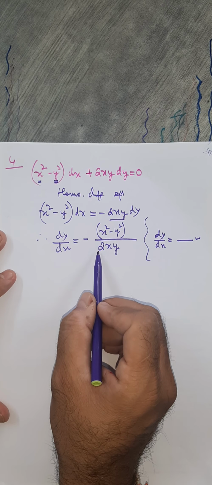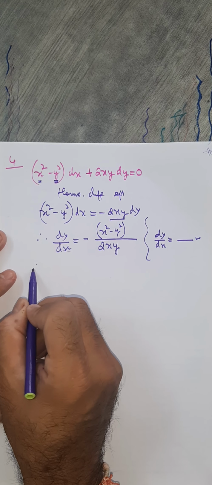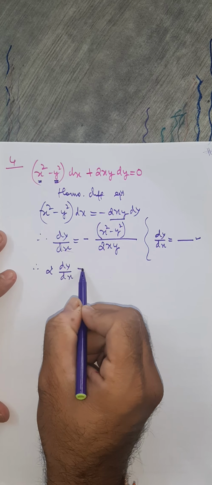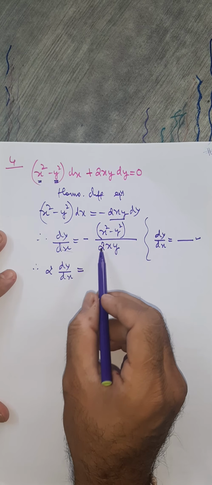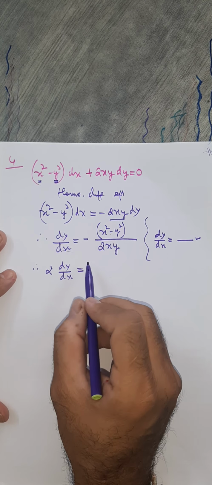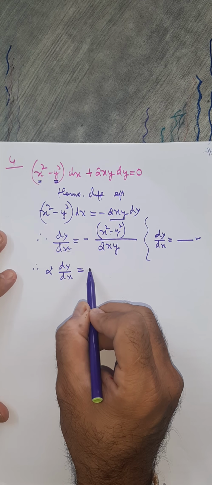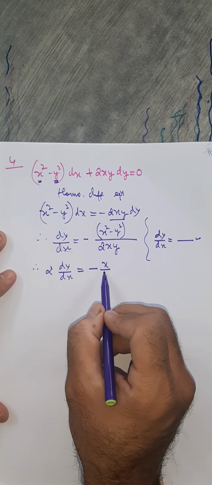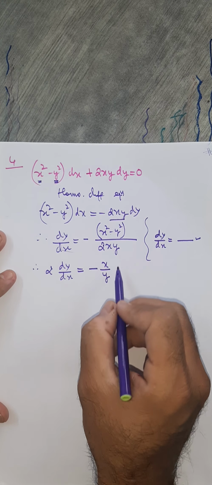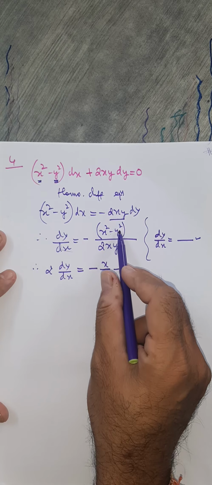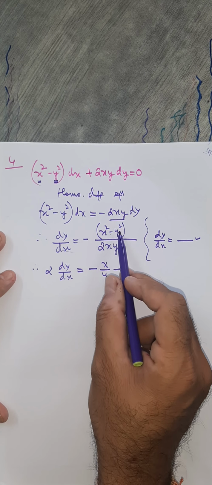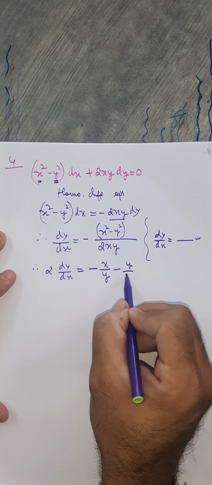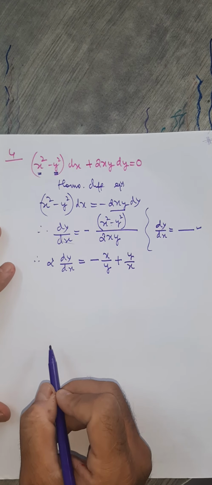Now you can do one thing, you can just keep 2 over here, because here it will be in the numerator, and you can do individual division, because here you have 2 terms, here you have just 1 term. So your minus, here you will get the x by y, minus here, what about this? 1 term will get cancelled of y, so you have y by x, but this will be plus.